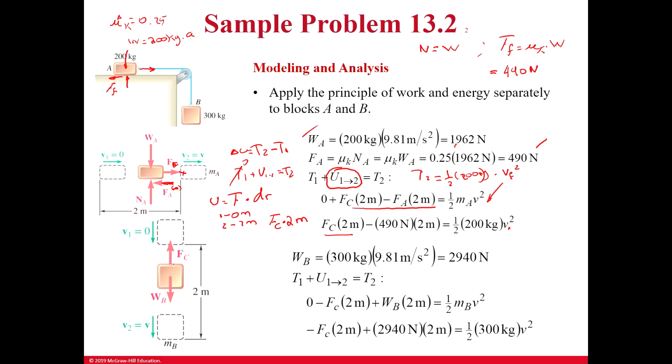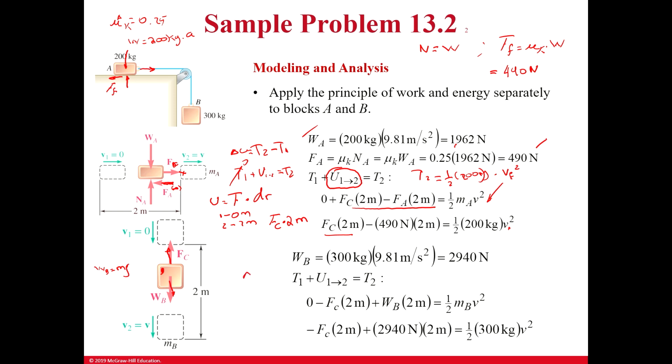For box B, we only have vertical forces, the force of the cable and the weight. The weight is mass times gravity. So this is 300 times 9.81, that is 2,940 newtons. There's no friction, air friction is not considered, and it would be pretty small anyway.